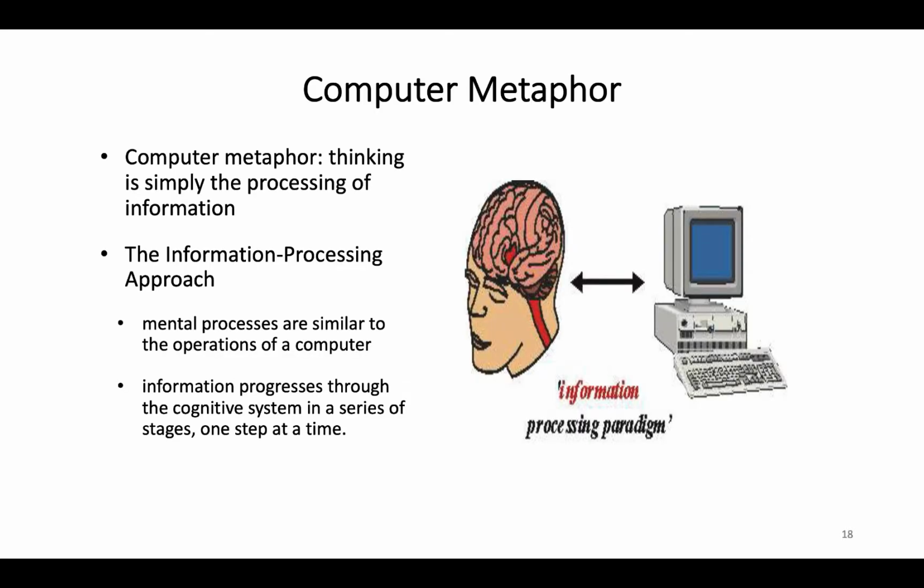According to the information processing approach, mental processes operate like a computer, with information flowing through a series of storage areas. Thinking is simply the processing of information. So mental processes are similar to the operation of a computer. Information progresses through a cognitive system in a series of stages, one step at a time.